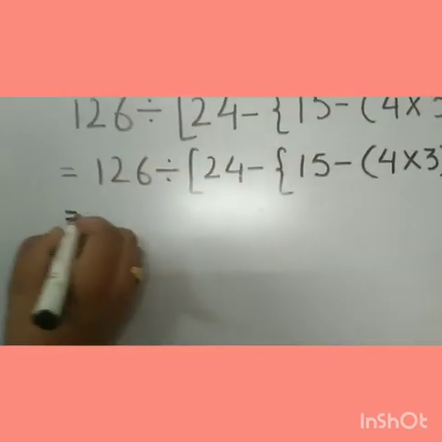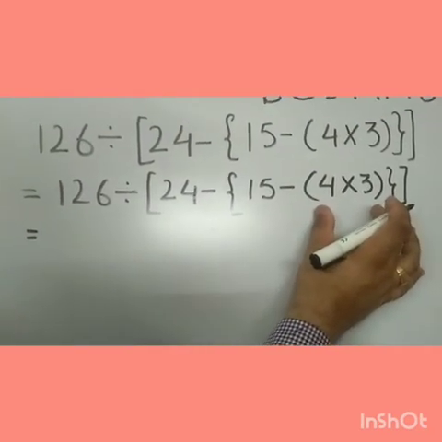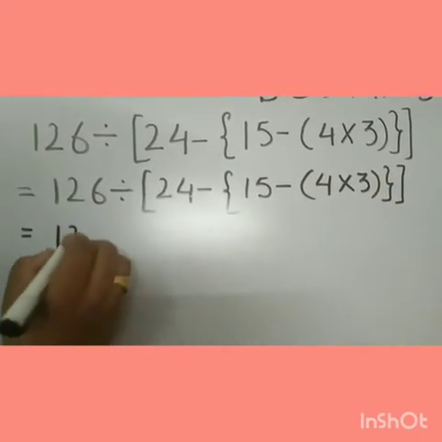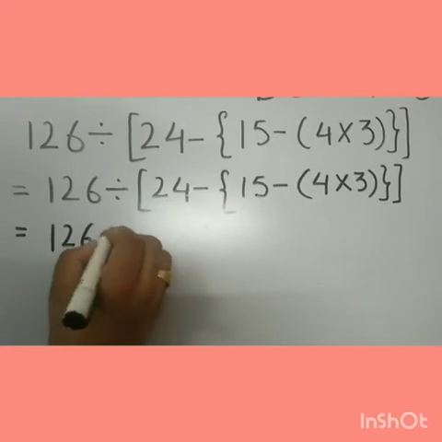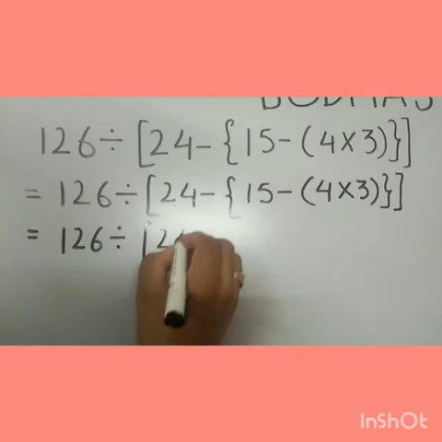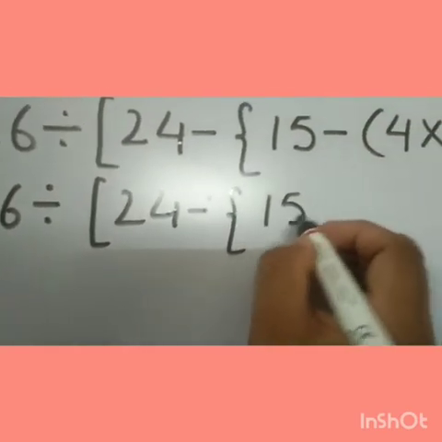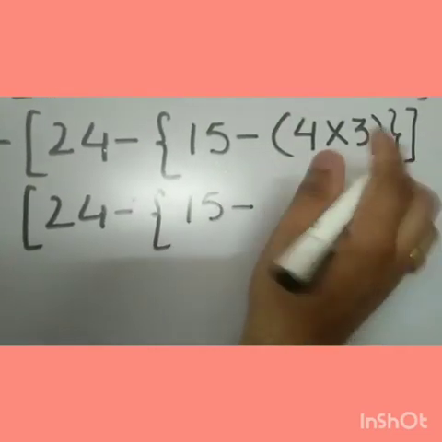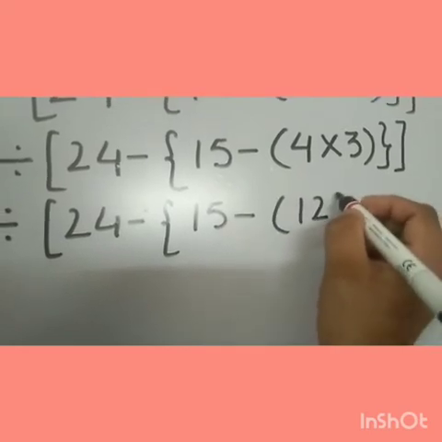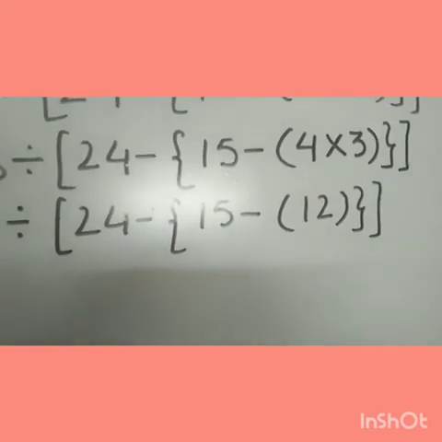In this question, we have to solve round bracket first. There is multiplication, so we multiply first. And do not change the place of other numbers. 126 divided by big bracket 24 minus curly bracket 15 minus round bracket 4 3s are 12. Write 12 in round bracket, curly bracket, then big bracket.